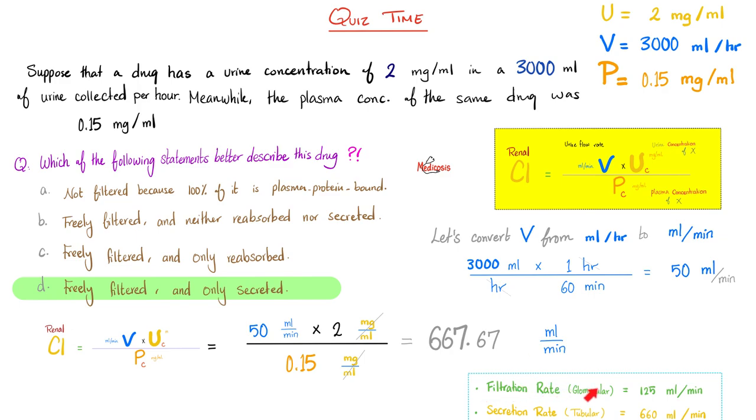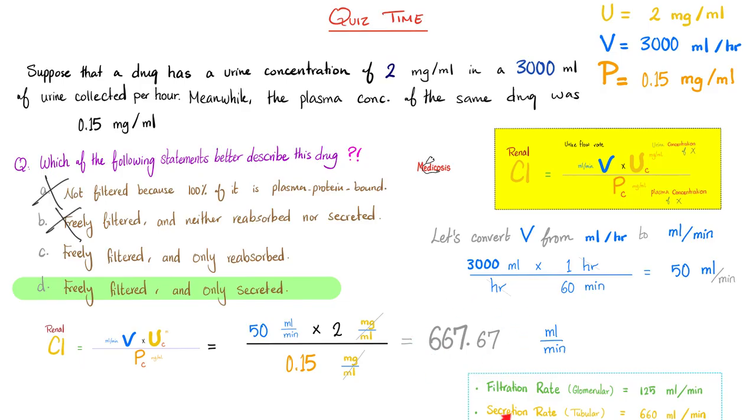Do you remember the normal filtration rate? 125. This assumes that the drug is freely filtered, not reabsorbed, and not secreted. Is this close to this? Not even close. So this drug is not freely filtered, neither reabsorbed nor secreted. That's not true. So B is out. How about A? Not filtered at all. Well, if all of this is coming clean from the urine, the drug was filtered for sure. So A is out.